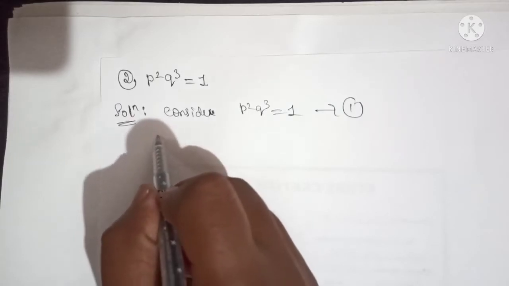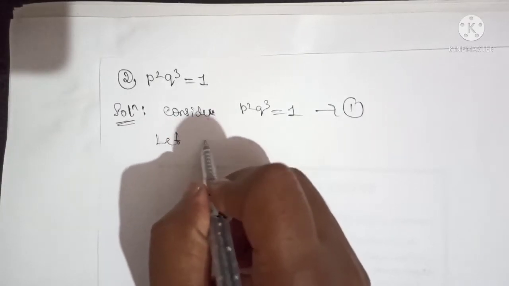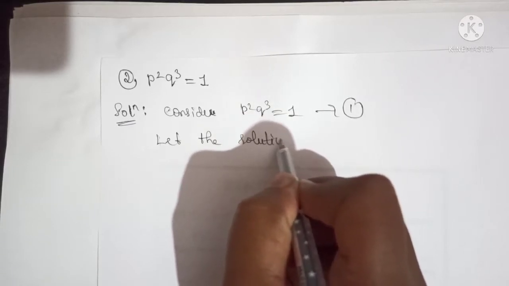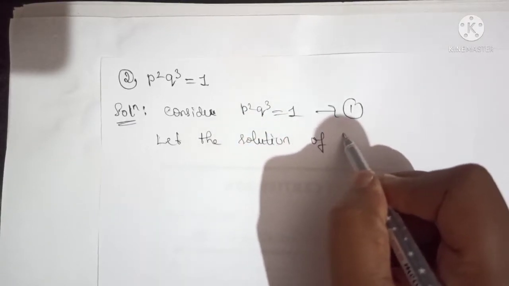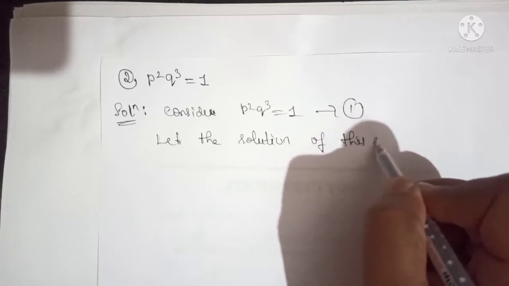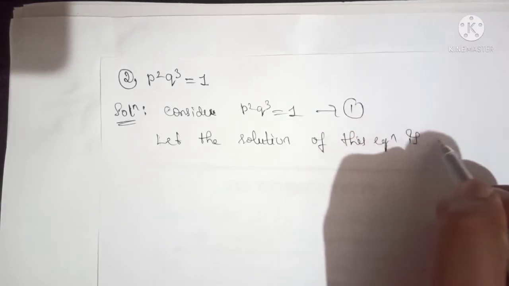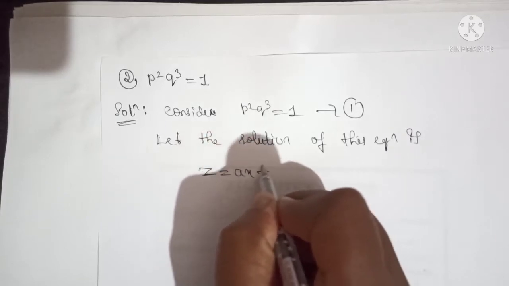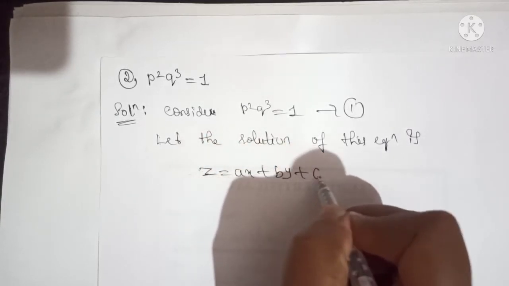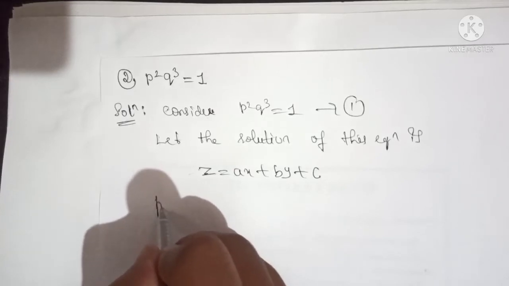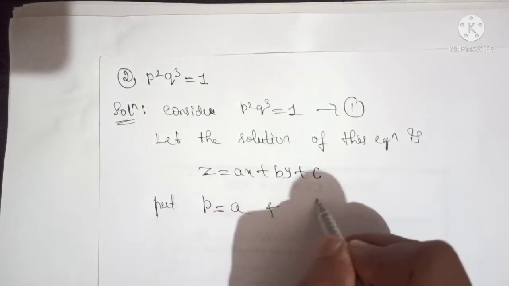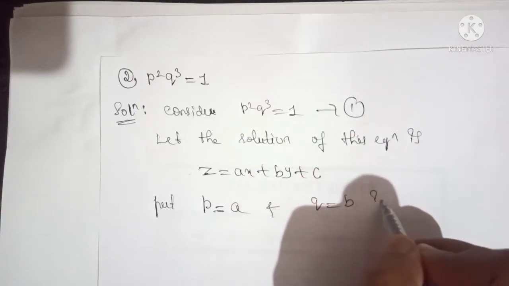Now let the solution of this equation be Z is equal to AX plus BY plus C. Now replace P by A and Q by B in 1.